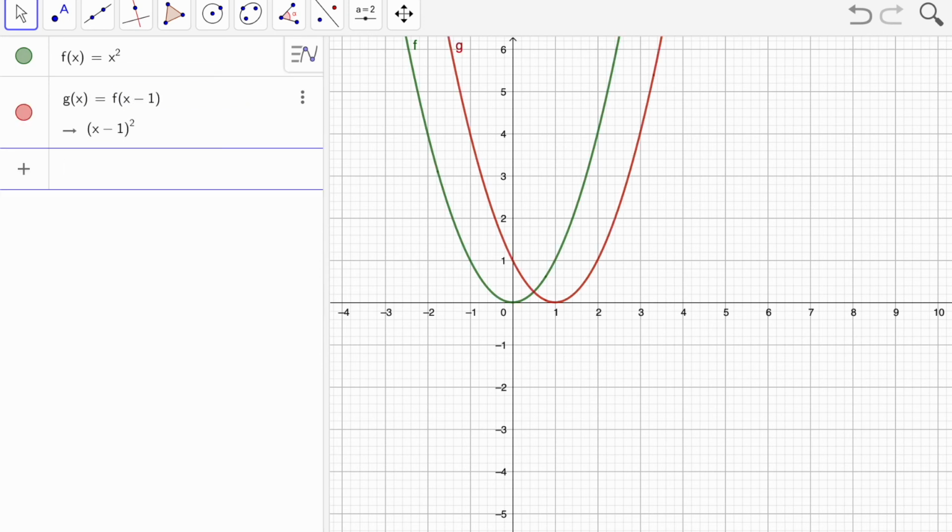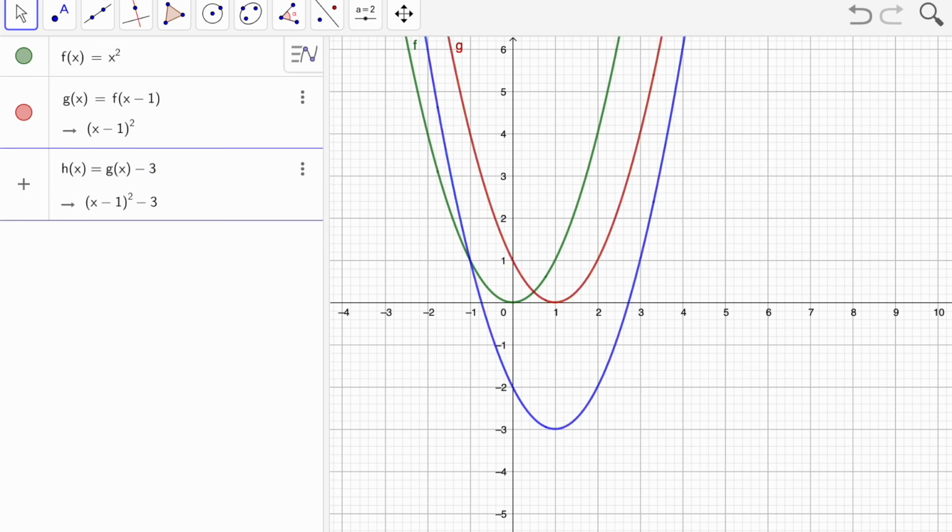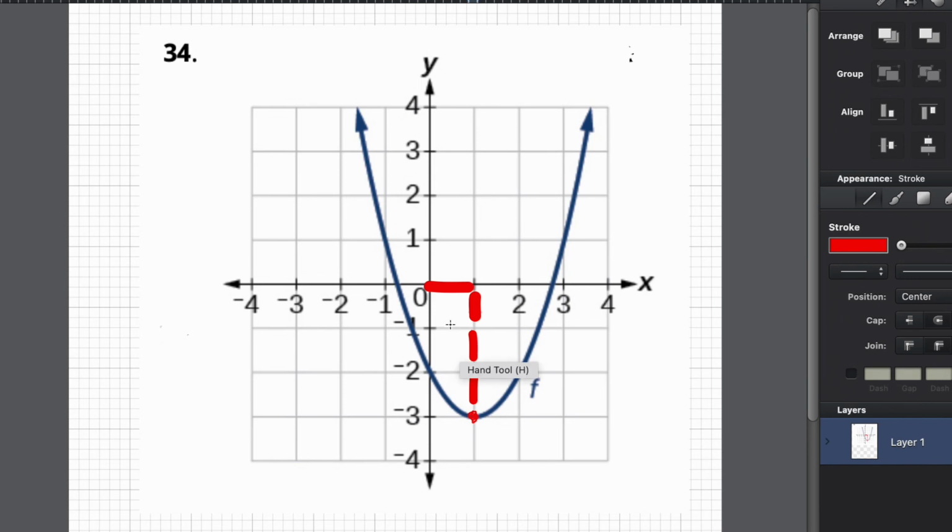And then I want to take the g and put in g of x, and I want to move it down 3. Now notice that it goes through the point 1, negative 3, and then 1 unit up and 1 unit over, which is exactly what we have here, right?